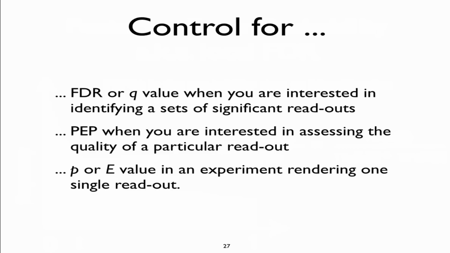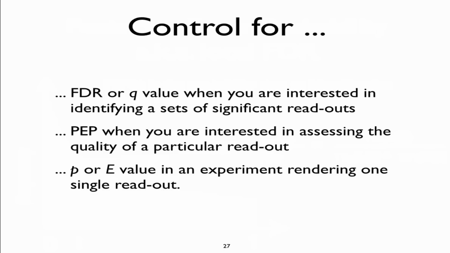However, if we take interest in a particular readout from a high-throughput experiment, it might be more valuable actually to investigate the posterior probability, because that would be more directly focusing on the property of this particular readout. So if you just want to make one readout from a high-throughput experiment, check the posterior probability of that readout.